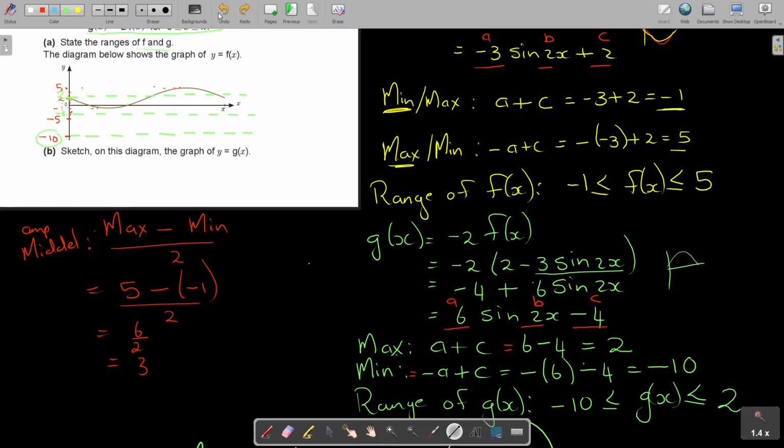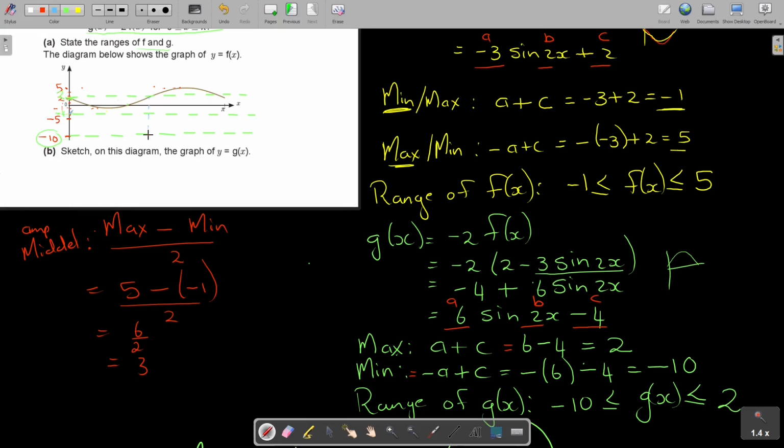Oh, sorry, I'm still on the straight line. So it's just going to go up, and then it's going to go down. I think even you can also mark this middle here, because then you can see.